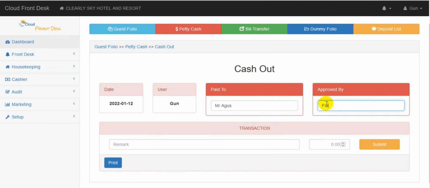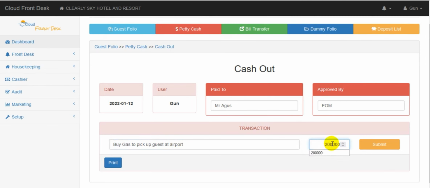Our guest at the airport was picked up by Mr. Agus, for example, when he asked for money from the cashier drawer to buy gasoline to pick him up at the airport. So continue to approve. Just the front office manager approves. The description is nothing. Successful cash out.